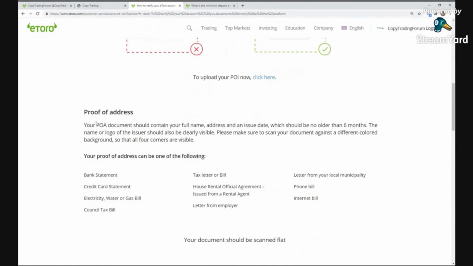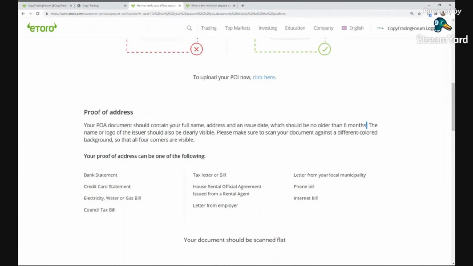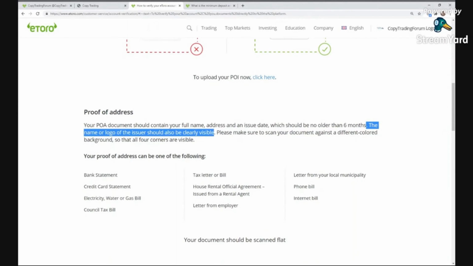And then proof of address. With this, you need a proof of address which contains the full name that you used in registration, your address, issue date, and should be no older than 6 months. The logo and name of the issuer should also be clearly visible. Please make sure to scan your documents against a colored background so all 4 corners are visible.